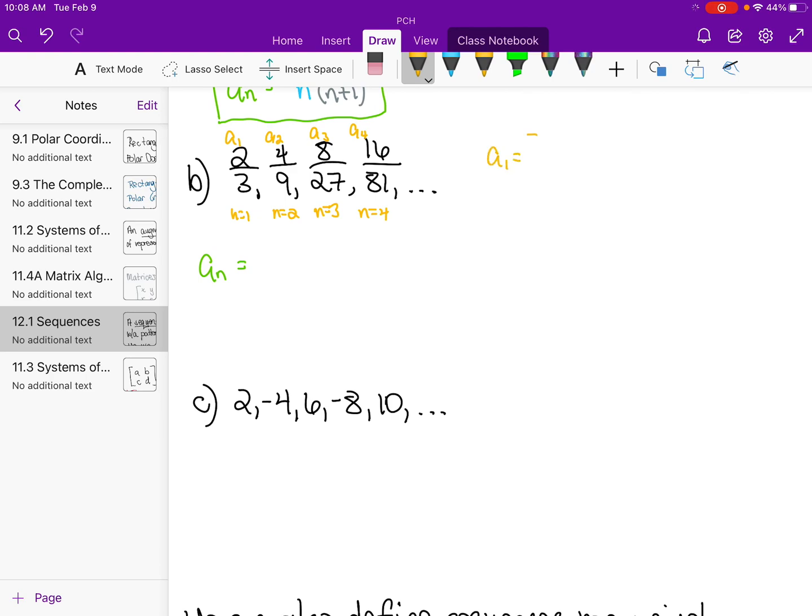If I were listing out the terms, I would do something like this. I don't want to write another one because it's taking up time that I think is unnecessary. But the idea that I achieved this term by plugging in 1 and so on is what I want you to get.